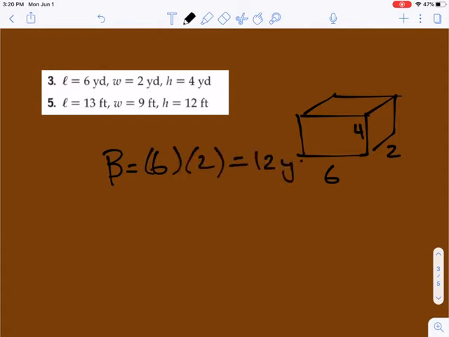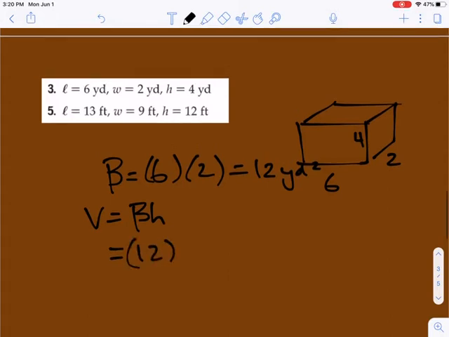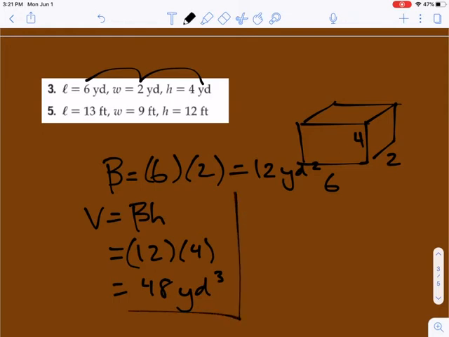And that would be yards squared. Then your volume is equal to your base times your height. So you get 12 times your height, which is 4. 12 times 4 is 48. This would be cubic yards. And you could get that same thing just by multiplying it all together. But again, I'm just showing you how to find it.